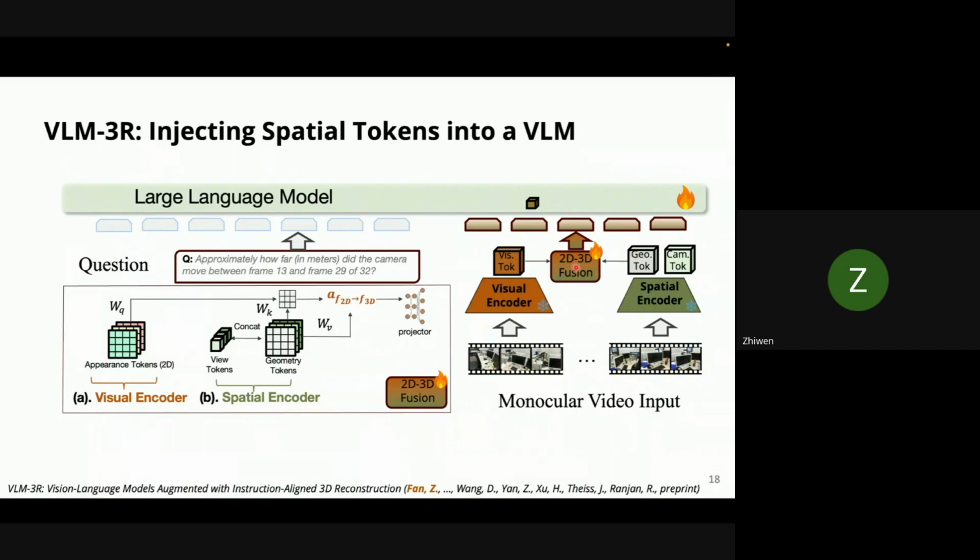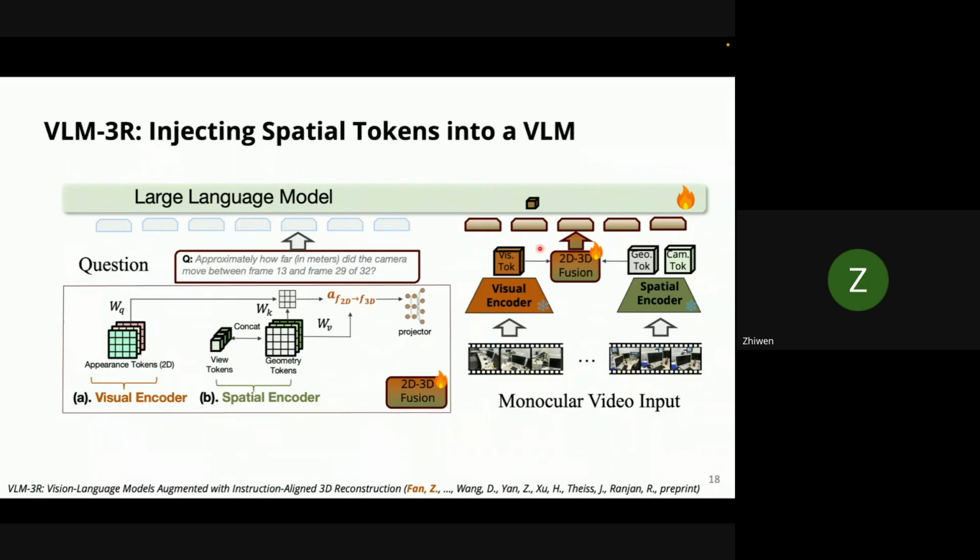We do a 2D-3D fusion, and this is how it works. Again, just a very simple cross-attention operation. We fuse 2D and 3D information into the 2D tokens and make the tokens 3D aware. We have a projector to align the dimensionality before feeding them into the language model.